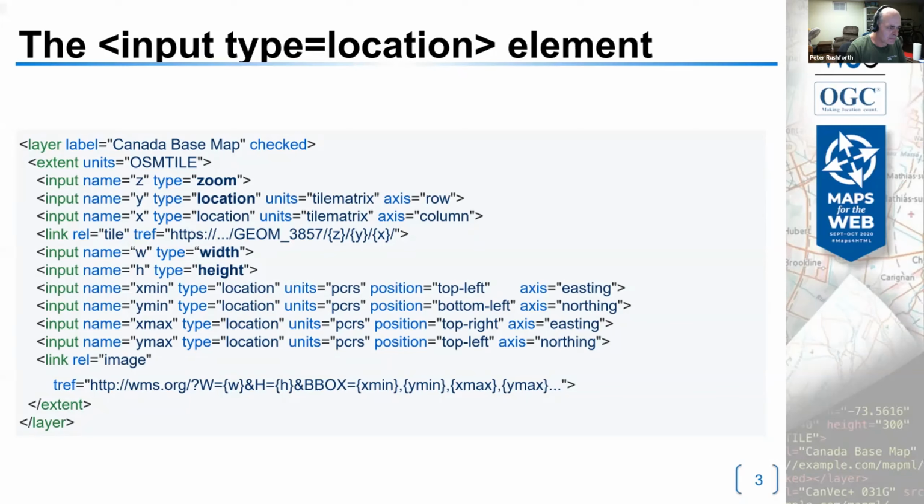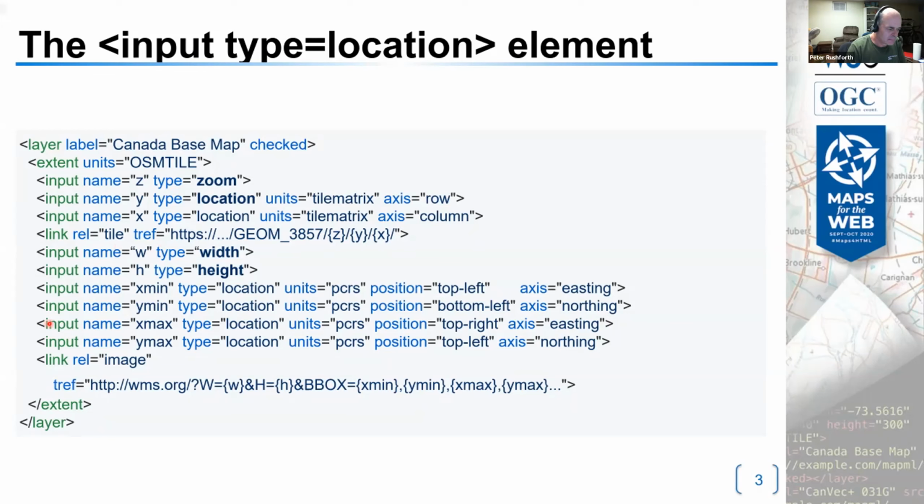For example, the link rel equals image will generate a location event for a rectangle that covers the extent, which is useful for WMS, while a link rel equals tile will generate enough repeated tile coordinate events as tiles are required to cover the extent.